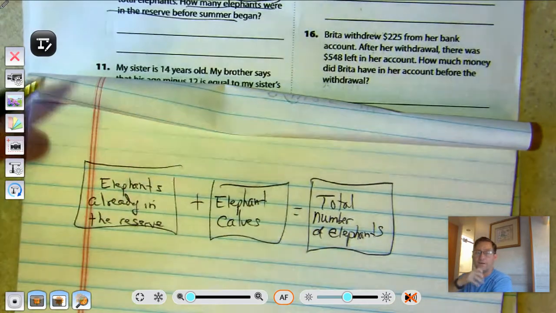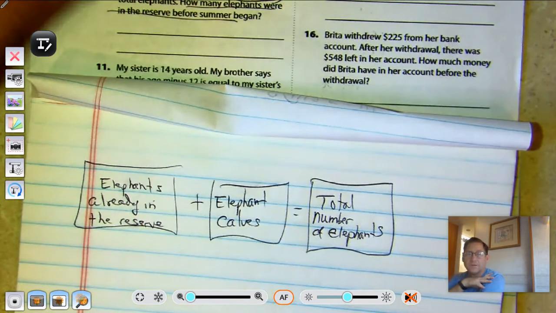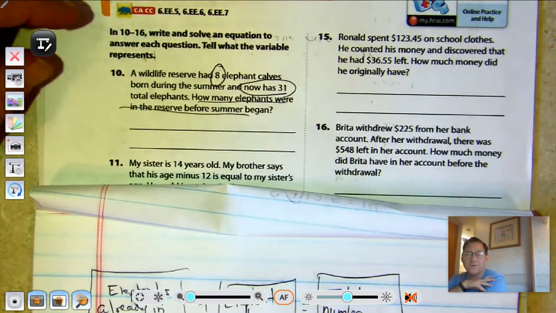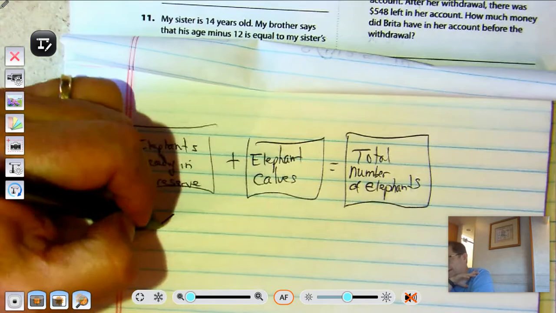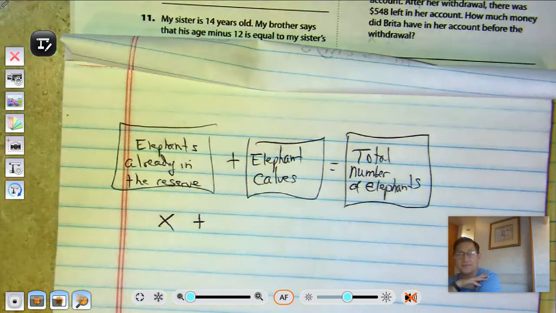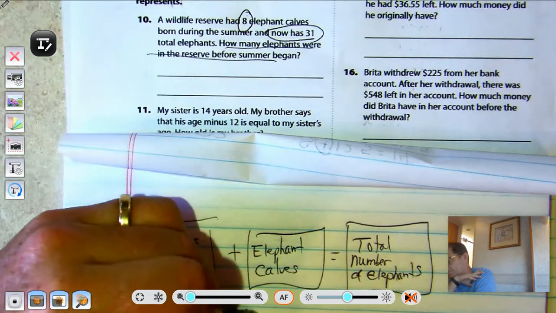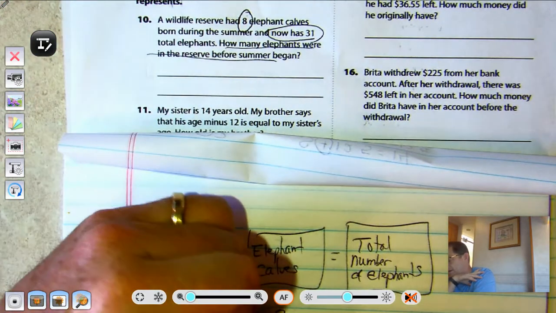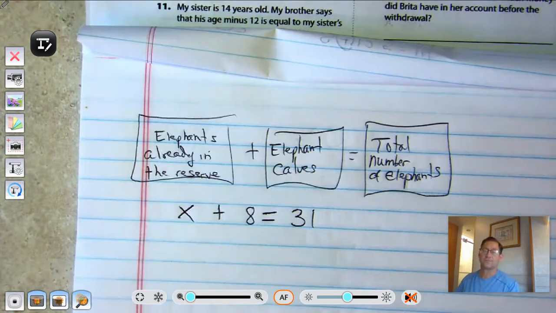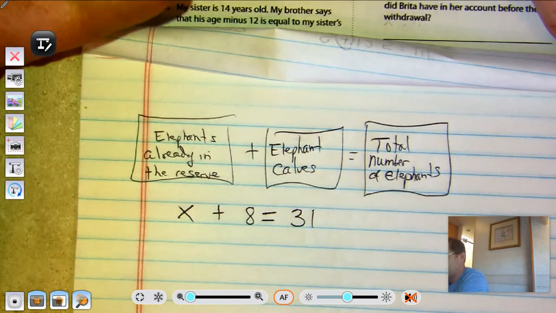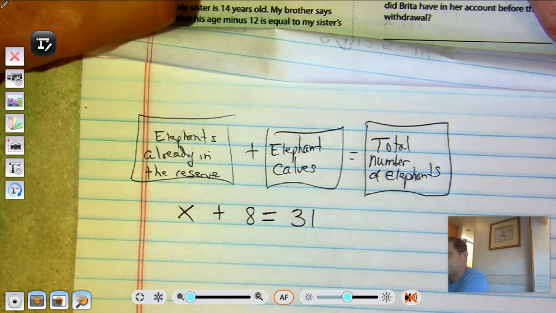All right, so elephants already in the reserve. Well, that question didn't tell us that. We have to find that out. So that's going to be my x. They did tell us that there were 8 elephant calves born, and that now gave us 31. So our equation is x plus 8 equals 31.